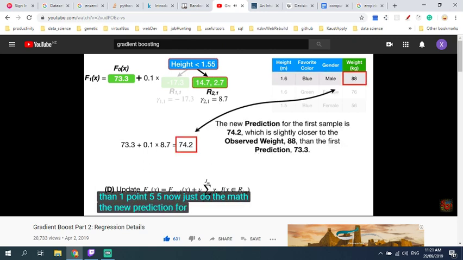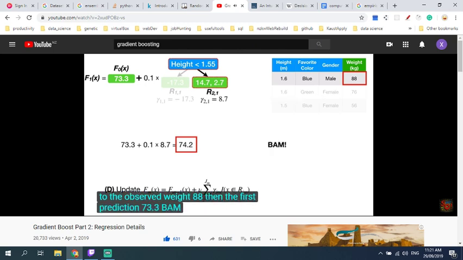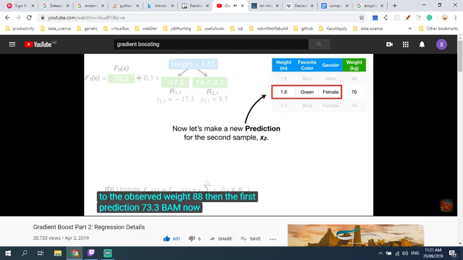The new prediction for the first sample is 74.2, which is slightly closer to the observed weight, 88, than the first prediction, 73.3. Bam! Now let's make a new prediction for the second sample, x sub 2.